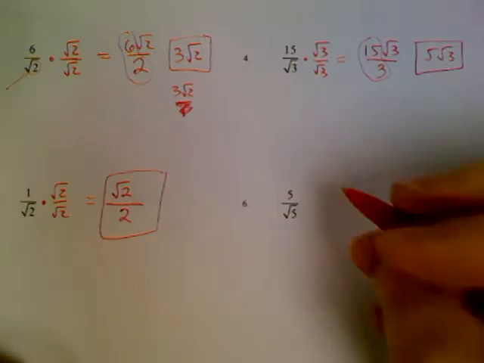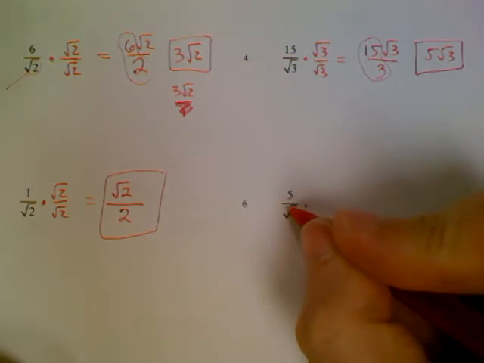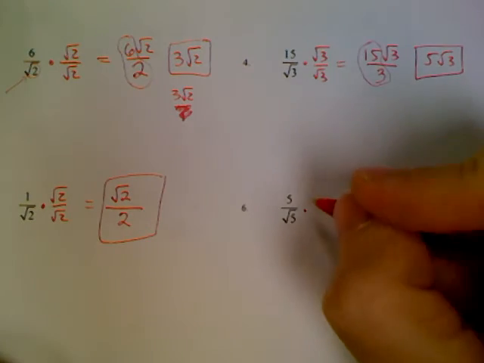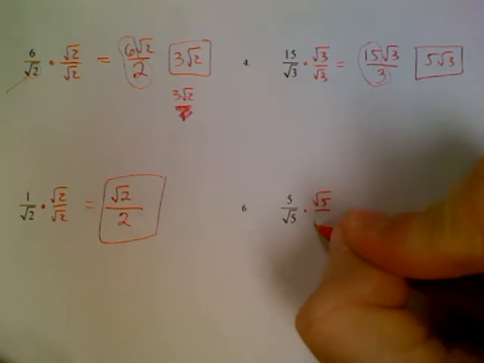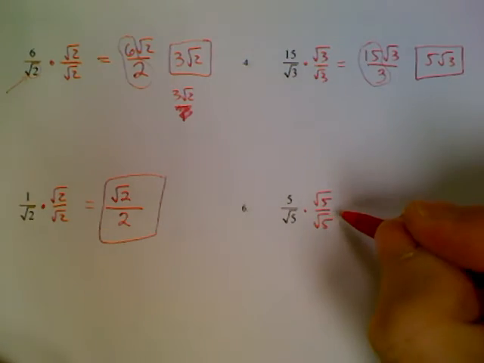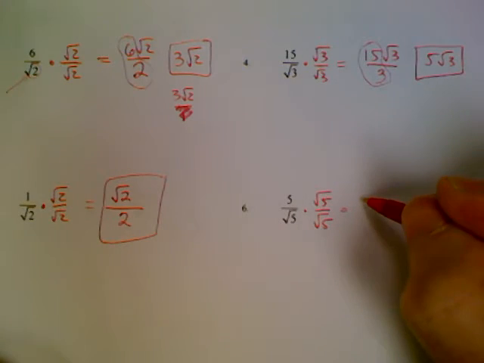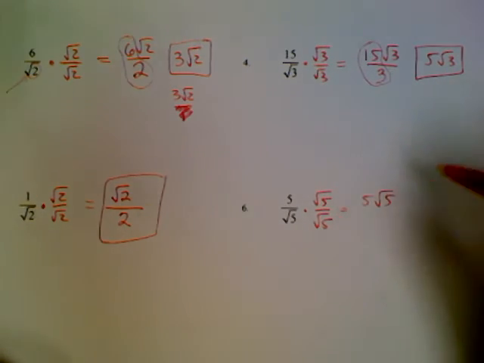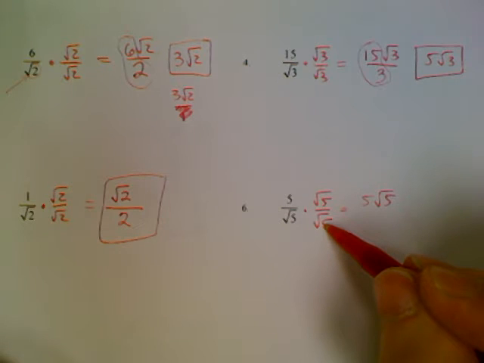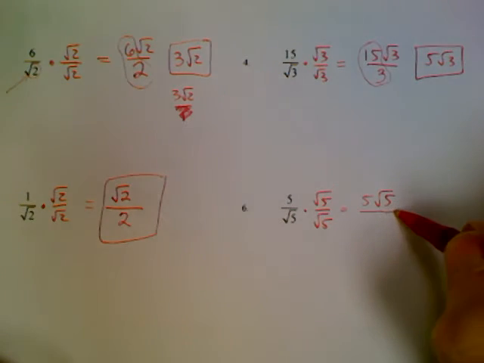And then over here, we got a different denominator this time, square root of 5. So multiply by square root of 5 over square root of 5. Multiplying across, 5 times radical 5 is 5 radical 5, and square root of 5 times square root of 5 is square root of 25, and the square root of 25 is 5.